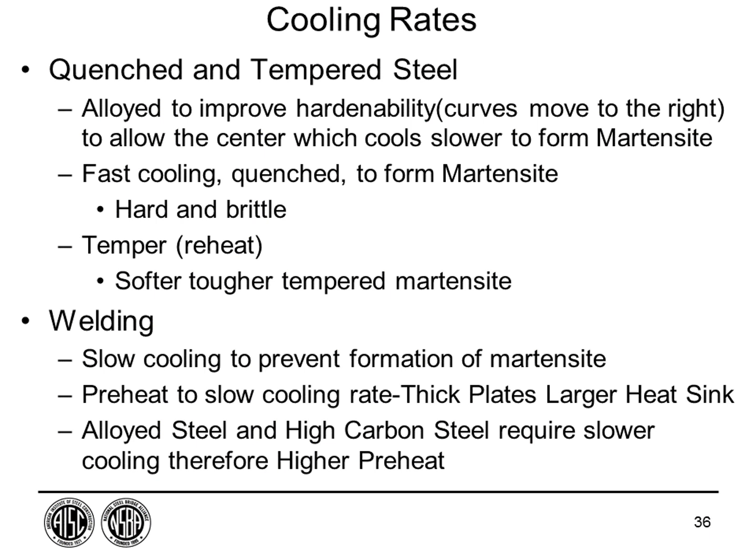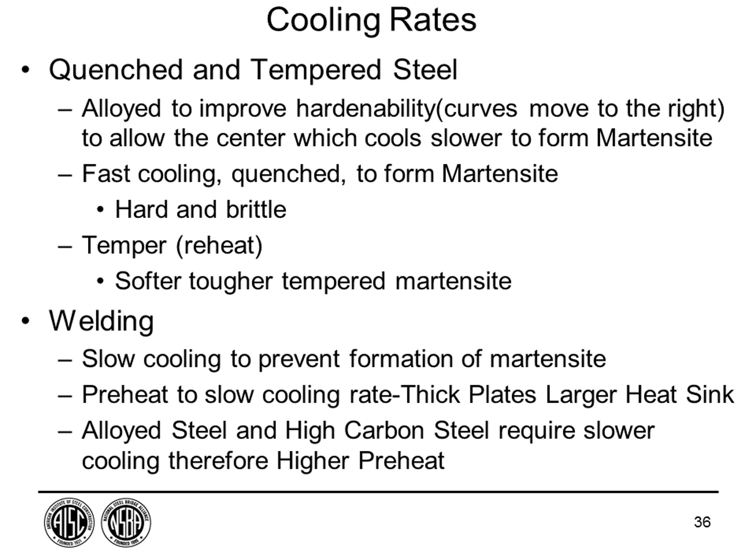So how do we do that? Well, we preheat to slow the cooling rate. That is, we heat up the plate to a higher temperature, and that slows the cooling rate of the weld. The cooling of the weld is by conduction of the heat into the plate, not by convection of the air going over it. So the thicker the plate, the bigger the heat sink, the faster the cooling rate, so the thicker the plate, the more we need to preheat.